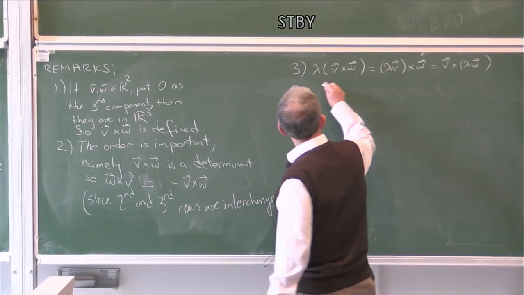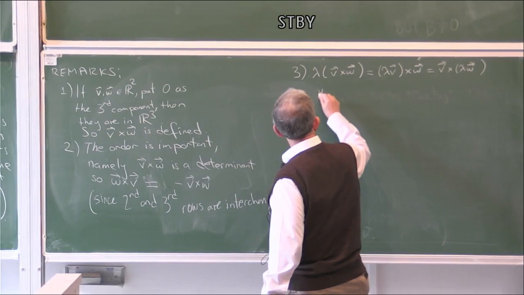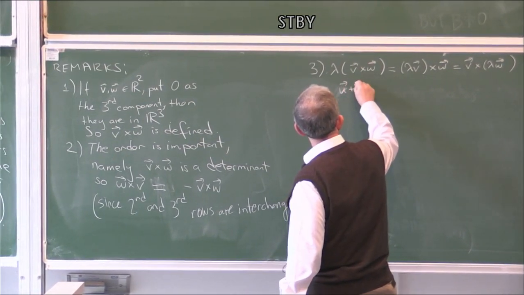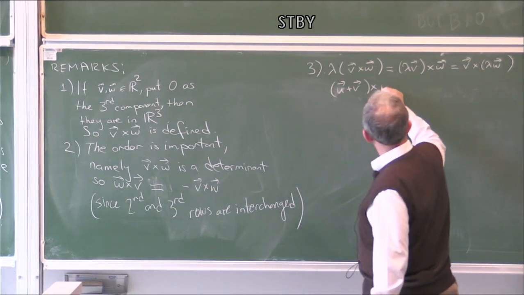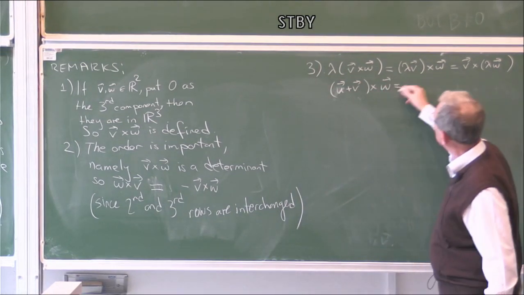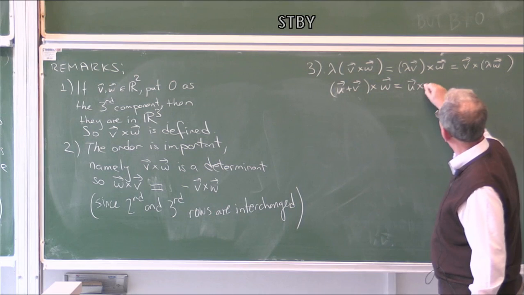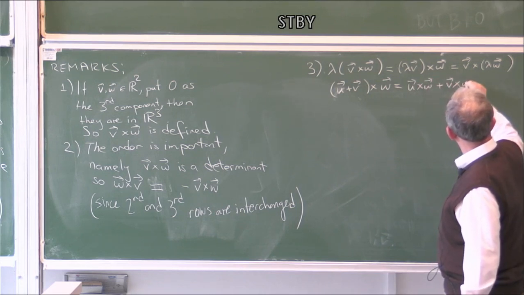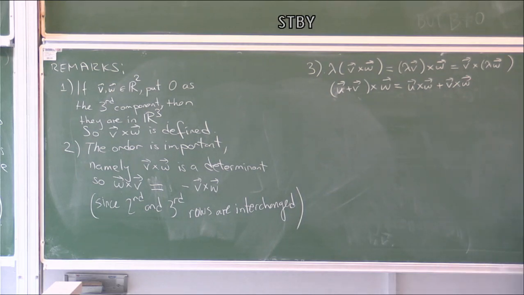You can take the cross product of a sum and you can distribute it over the other, in the cross product way.